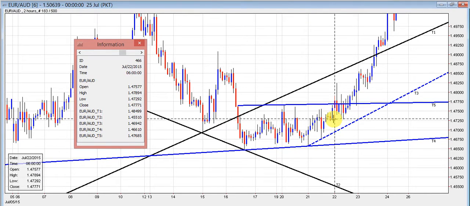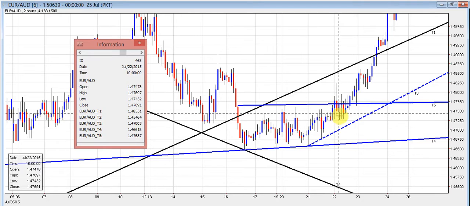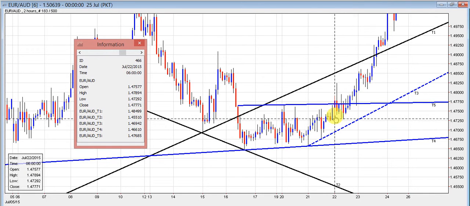And this is where we got out, because our average stop loss is, let's say, about 33, 35 pips, and it just took us out. Had we had a 40 or 45 pips stop loss, we would still have been in the trade. But unfortunately, we were cut out.